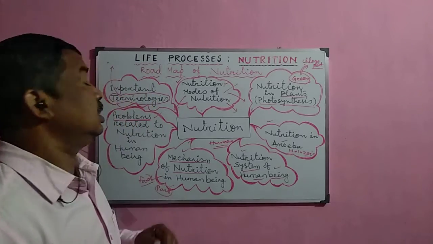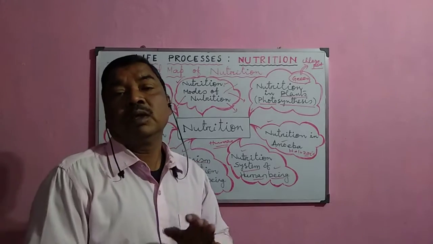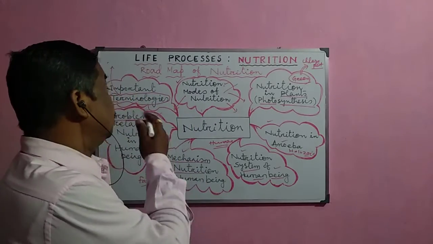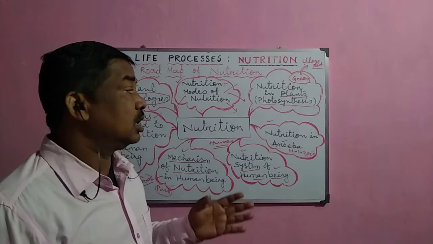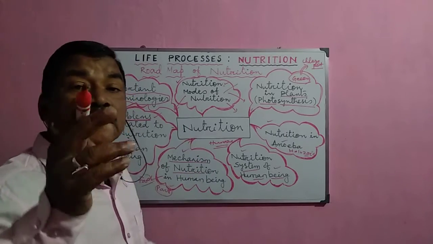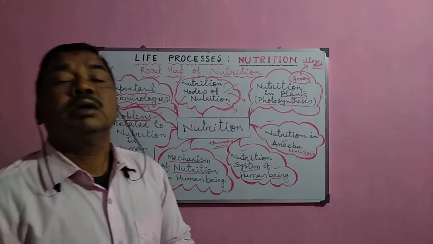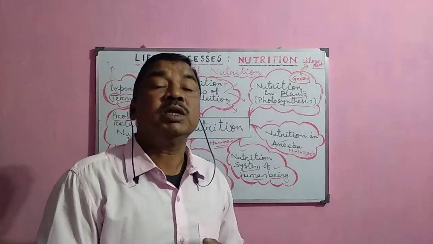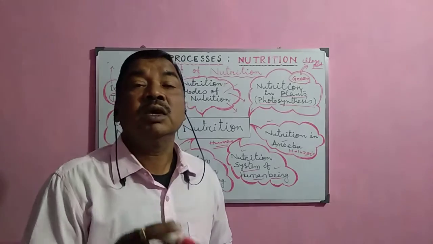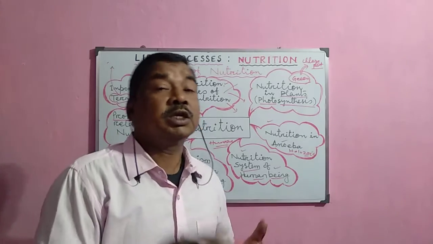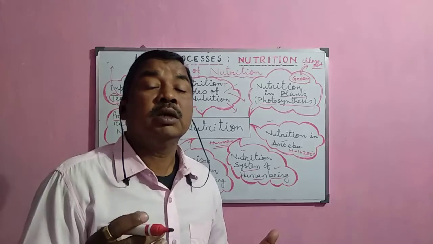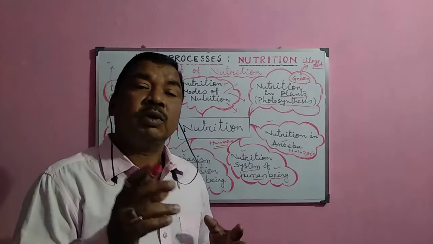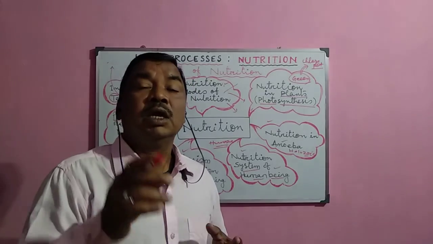Then when there is deficiency of certain minerals, like anemia, osteomalacia, rickets, these are deficiency diseases related to minerals. There are some vitamin deficiency diseases also. Due to deficiency of vitamin A, night blindness occurs. Beriberi due to vitamin B, scurvy due to vitamin C, rickets due to vitamin D, and vitamin K is also important, and it helps in blood clotting.